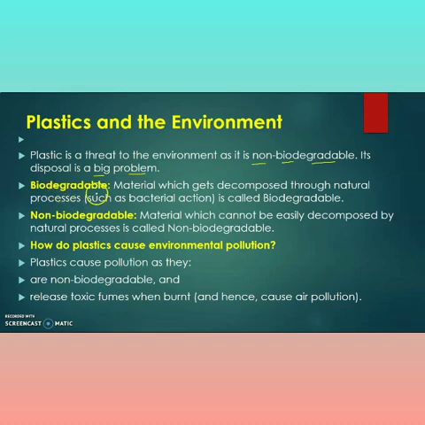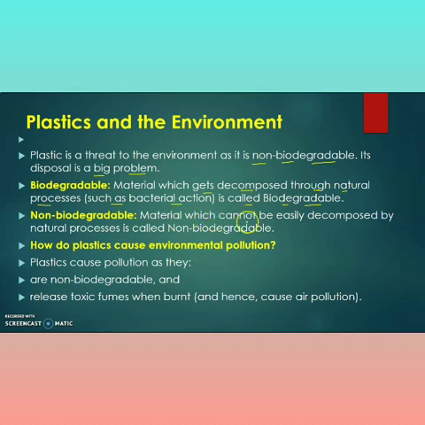What is the meaning of biodegradable? All of you have heard this word in class 6. Material which gets decomposed through natural processes such as bacterial action is called biodegradable.